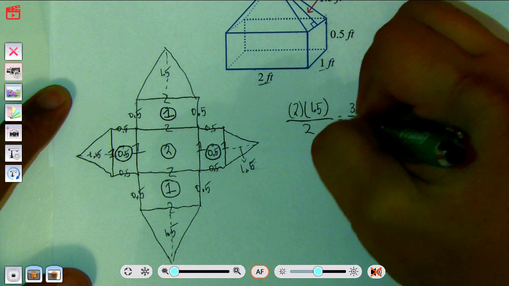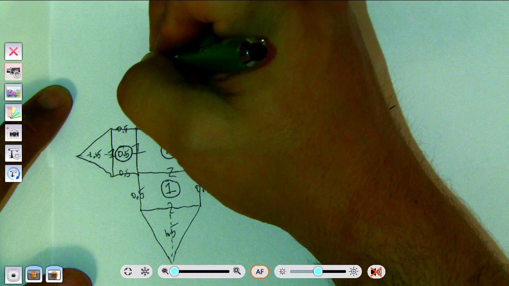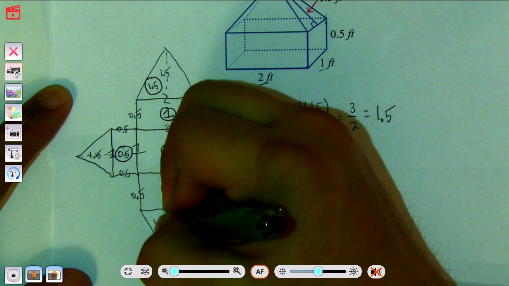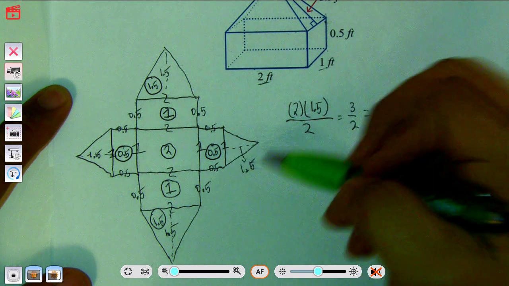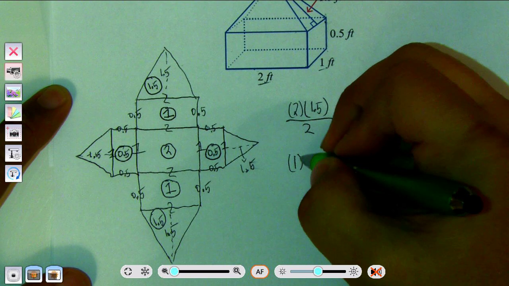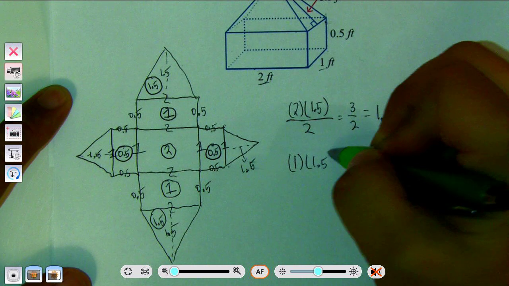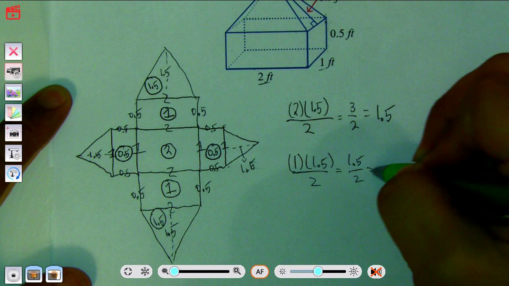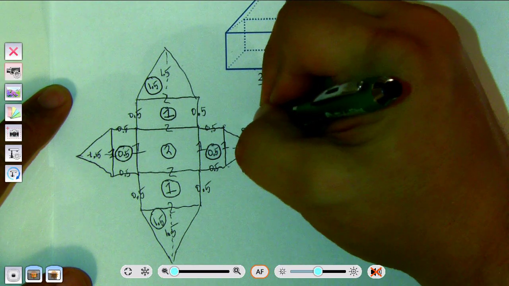That's 3 divided by 2, or 1.5. So this is 1.5. This is 1.5, talking about the areas now, not the slant height of it. And then the other littler triangles, it's 1 by 1.5 divided by 2, which is 1.5 divided by 2, which is 0.75. So I'm going to write that off to the side just for space.